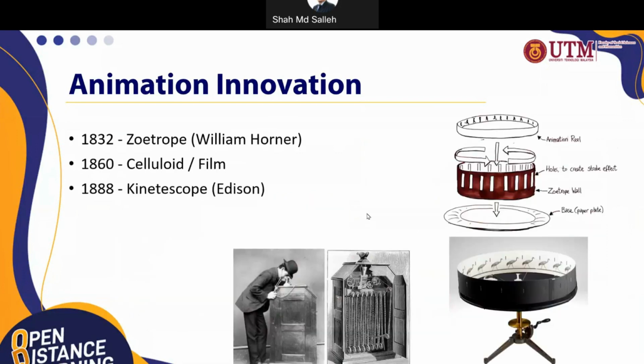And then in 1932, Zoetropes, produced by William Horner. Okay, this is a Zoetrope. You can see from this hole a series of bird pictures.